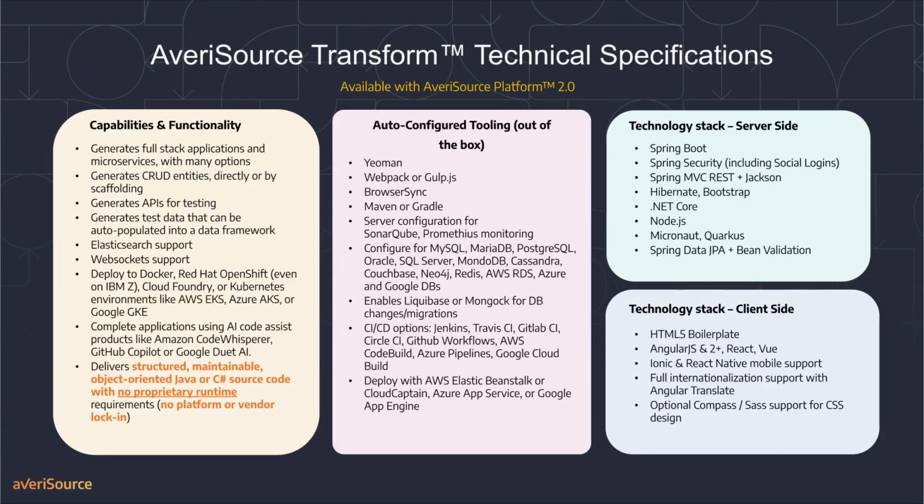Transform is our premier product that includes the entire AveriSource platform and enables our model-driven transformation or accelerated rewrite approach. It generates Java with the Spring Boot framework, with Spring Security, Spring MVC REST and Jackson, Hibernate, Bootstrap, Spring Data JPA, and Bean validation.